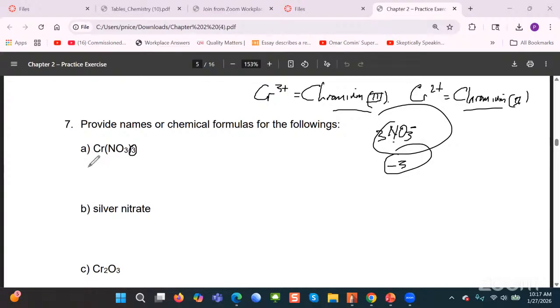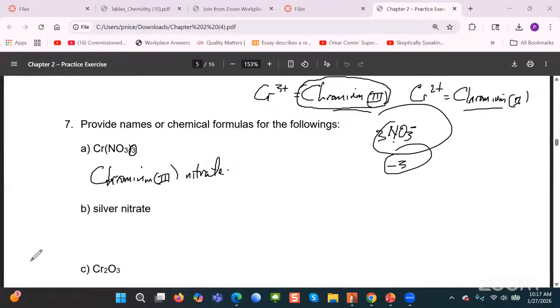Because the ionic compound is electrically neutral, the chromium here must carry a +3 charge to counteract the -3 charge. In other words, the chromium ion is chromium 3 plus, and therefore the name of this compound would be chromium(III) nitrate.